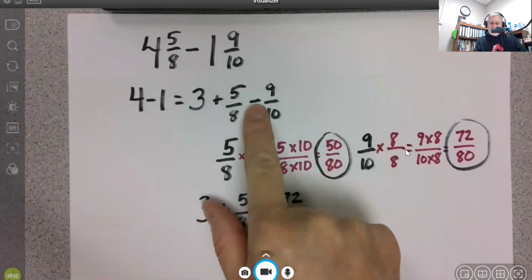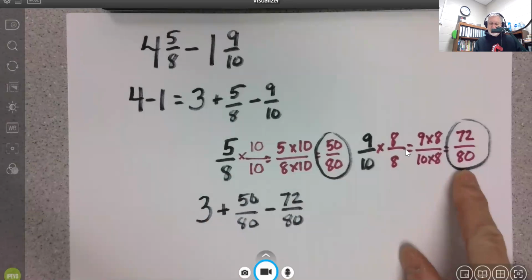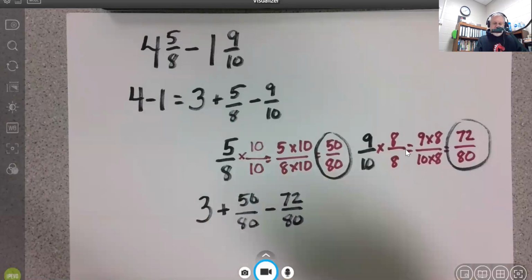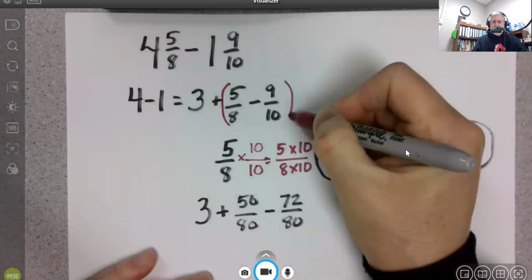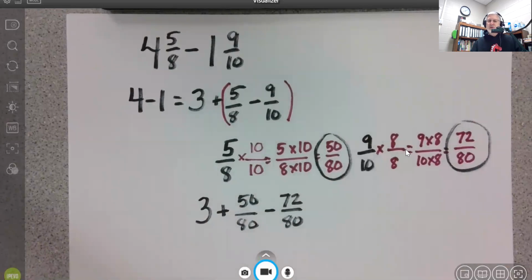And we subtract 9/10, and the equivalent fraction for 9/10 is 72 over 80. So we have to keep it in the proper order that they come in, because we cannot switch them around. We cannot use the commutative property when we deal with subtraction. Otherwise, we get a different value, a different answer.